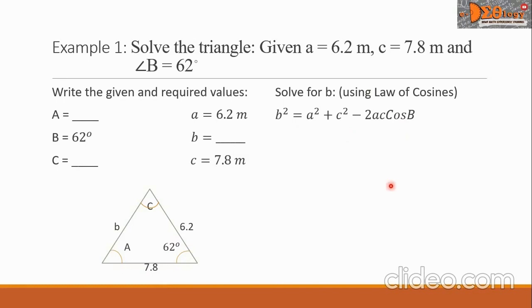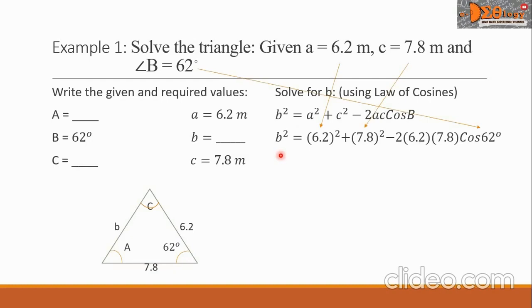Let us substitute the values. So B squared equals 6.2 squared plus 7.8 squared, then minus 2 times 6.2 times 7.8 and the cosine of 62 degrees.